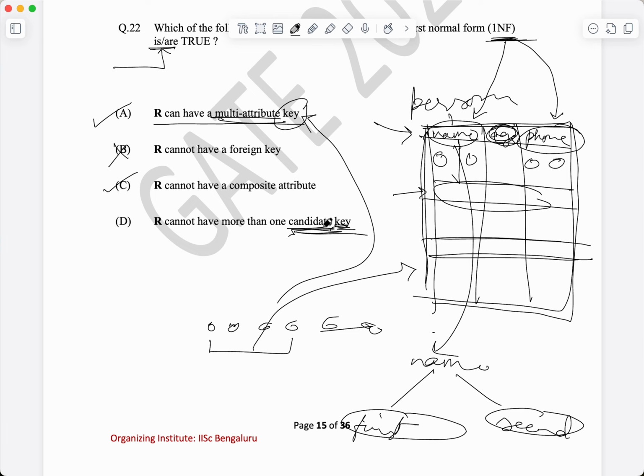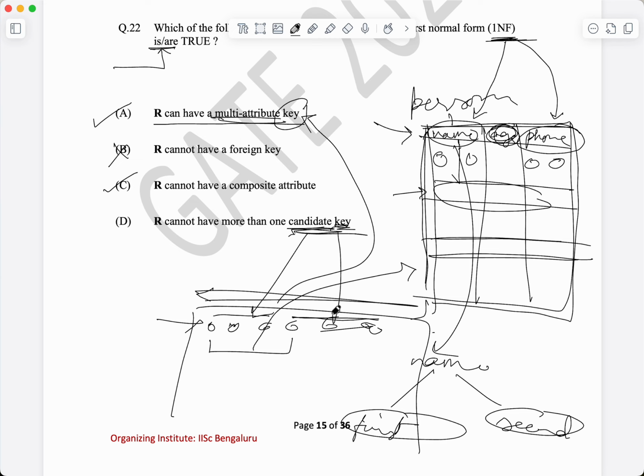Suppose that in this table with all these attributes present, these three are able to uniquely identify the records, and there are no pairs of keys, I mean, you take this and this, and that pair would be able to uniquely identify. There are no such pairs present. So these three are going to become a candidate key because 3 is the minimum number of attributes required. But these other three could also uniquely identify a record, right? Both of these would become candidate keys in this regard because both of them have 3 attributes.